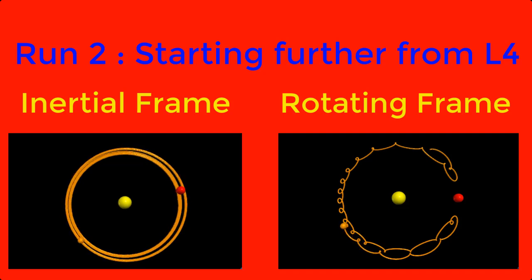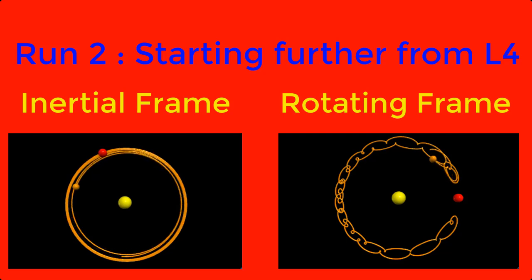It can also be seen that when the body is moving from L4 to L5, it is slightly closer to the Sun in yellow than it is, as can be seen at the moment, on its way back from L5 to L4. So now it's approaching L4, past L4, but it doesn't approach body 2 in red.